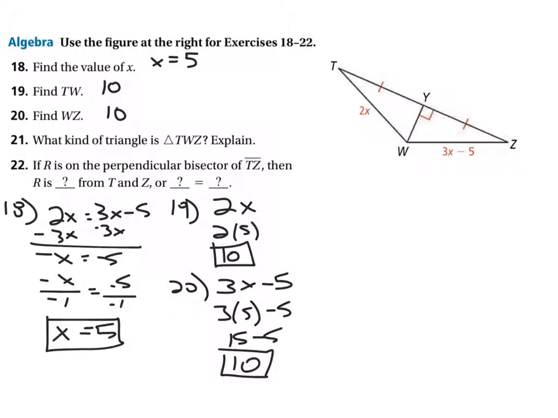And what kind of triangle is this? Well, because we have two sides being of equal measure, here and here, then we have an isosceles triangle. So we can say, let's write it.